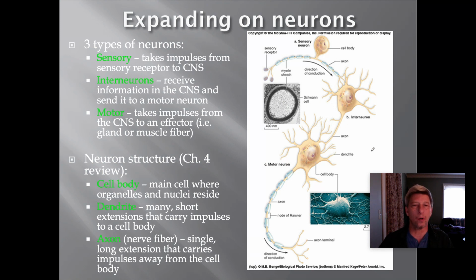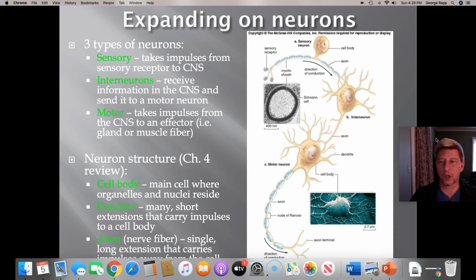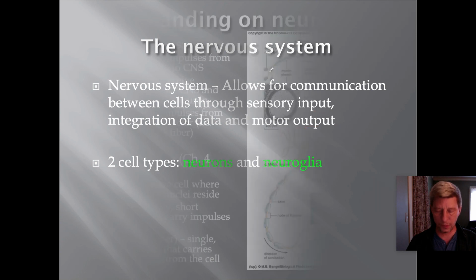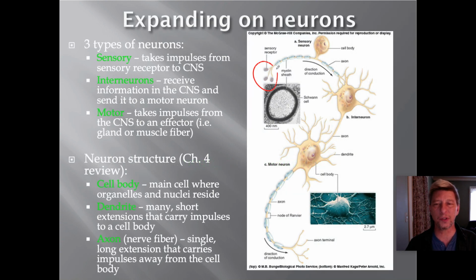So here we go. Let's talk about the structure of neurons. Now, first of all, there are three kinds: sensory, inter, and motor. Now, a sensory neuron is something that receives a stimulus, an impulse from outside of the body, or maybe inside of the body, but it receives those impulses through a receptor of some sort.